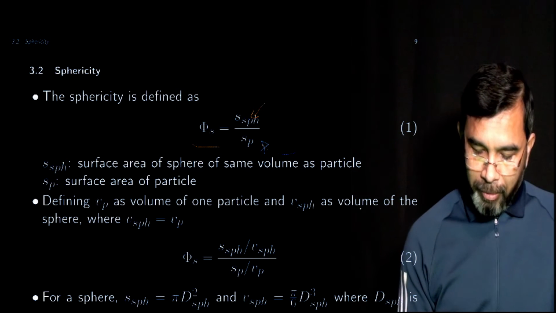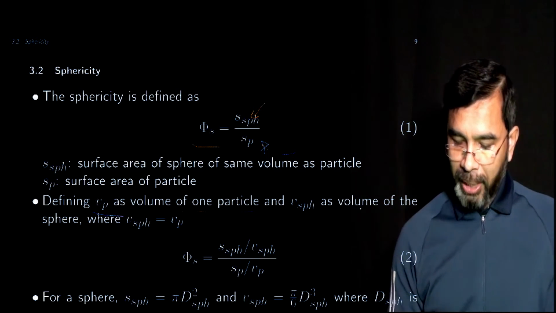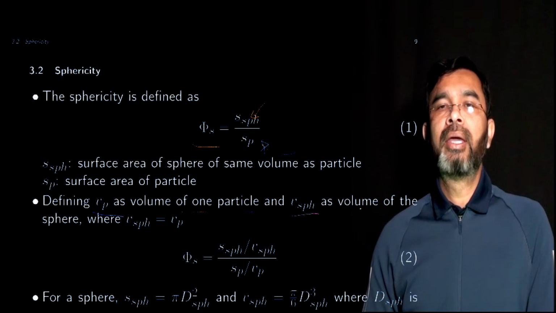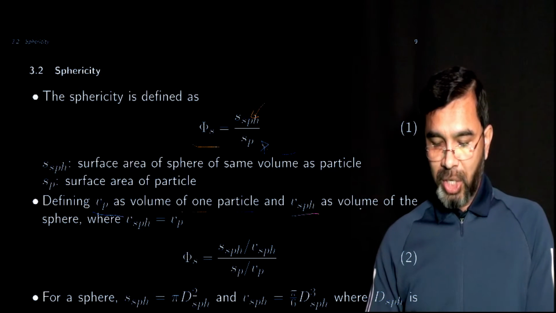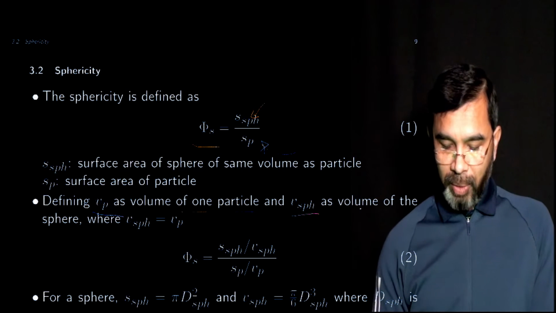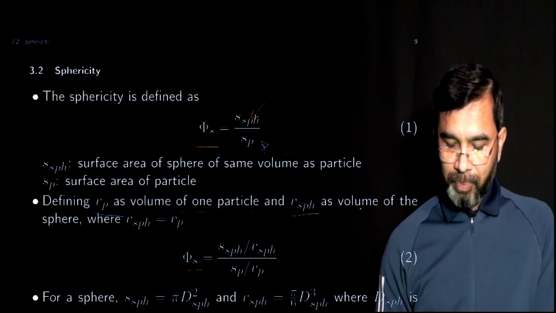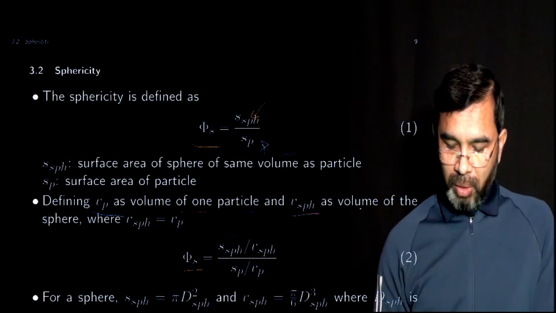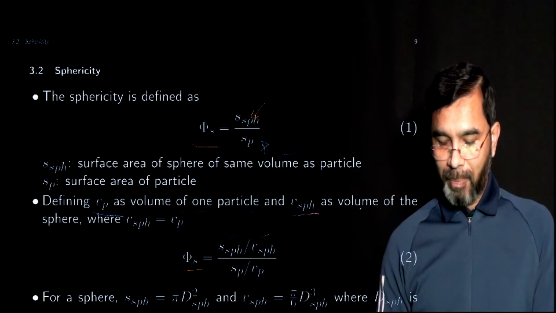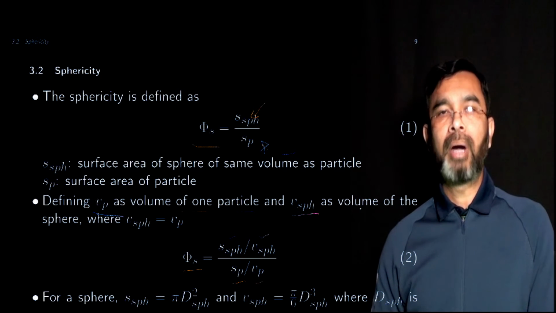Now, if we define Vp as the volume of the particle and V_sph as the volume of the sphere, then we have phi_s equals S over V for the sphere divided by S over V for the particle.